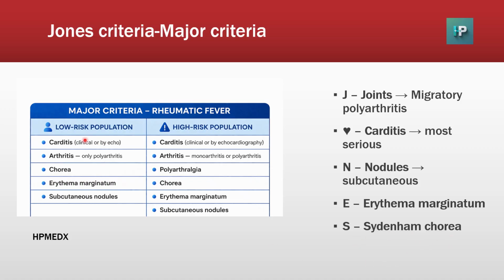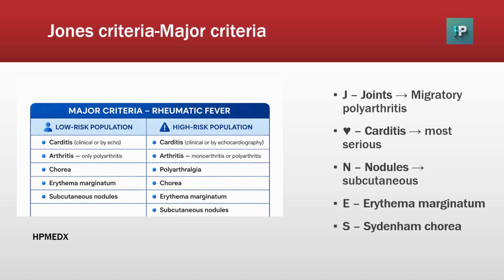Here you can see in the low risk population only polyarthritis is present, and in the high risk population arthritis, mono and poly, and even arthralgia is also present. Here arthritis is inflammation of a joint and arthralgia is pain in the joint.